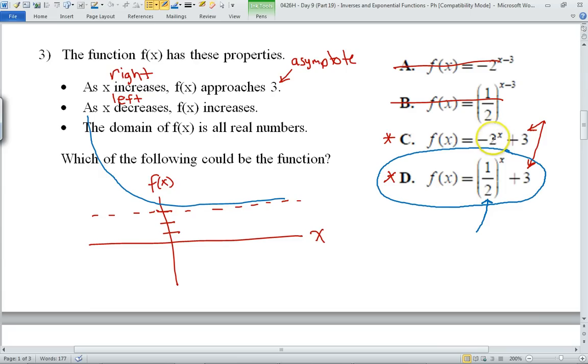Having this one with a B value of 2, and we don't include the negative when we say this, but the B value of 2 is greater than 1, so this would not give us the decay that we need to satisfy the next one. Of course, the domain is all real numbers, and really that would be true for all of these. So that last bullet didn't really help us. But we know the answer is D.